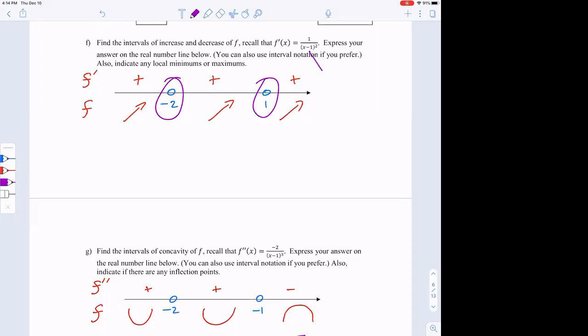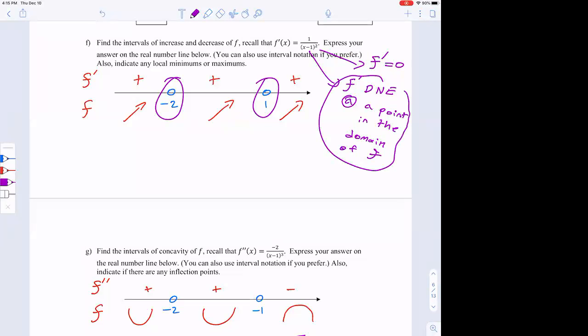So the two ways that you get critical numbers are f prime is 0 or f prime does not exist at some point in the domain of f, and neither of these situations happen, right? There were definitely no zeros, and there's points where the derivative doesn't exist, but they're not critical numbers because they're not in the domain of f.